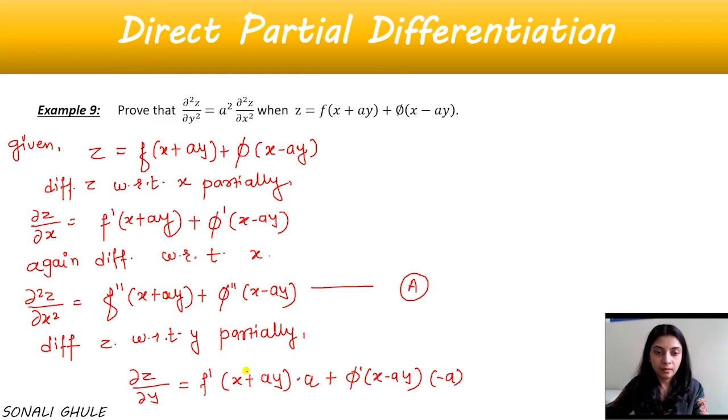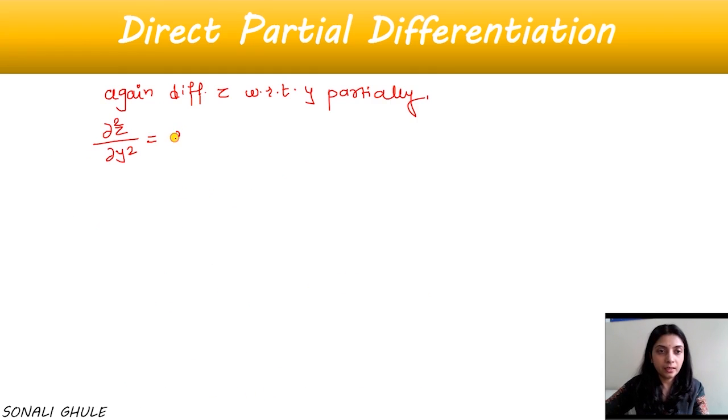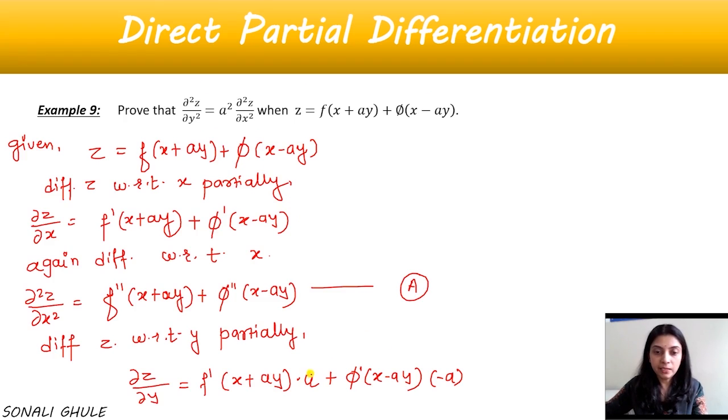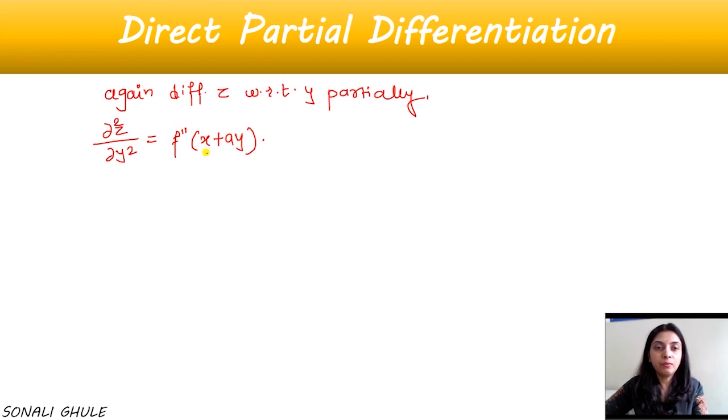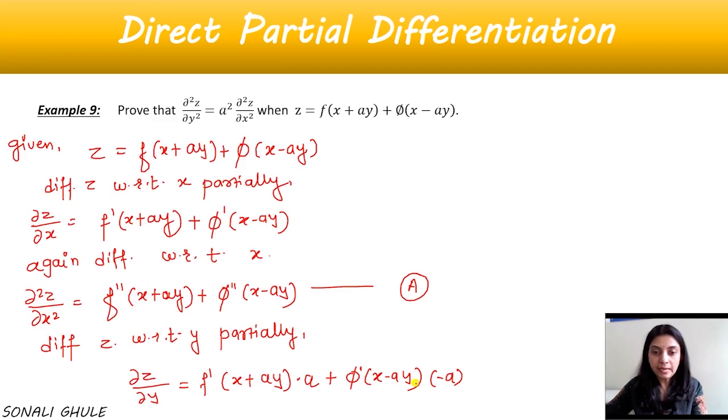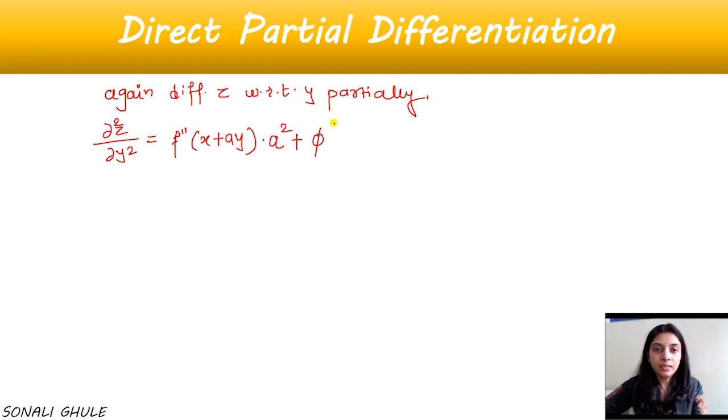Now this time the derivative of this f dash of x plus ay will be f double dash of x plus ay into the derivative of x plus ay. Already there is a in multiplication, so if I take the derivative of this x plus ay, there comes again a, so that will be a square, plus the derivative of phi dash of x minus ay, it is phi double dash of x minus ay.